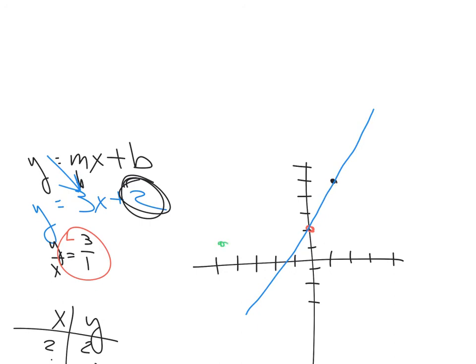Now, if you would not have drawn that third point here, you wouldn't have seen that there was a mistake here somewhere. Is the line this way, or is it the blue line? If I would have done it correctly, all 3 of my points would have been on the same line, and then I could say, oh, I drew it right because all my points connect in a straight line.